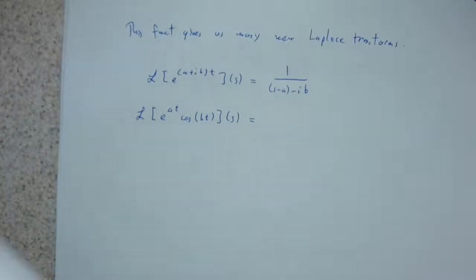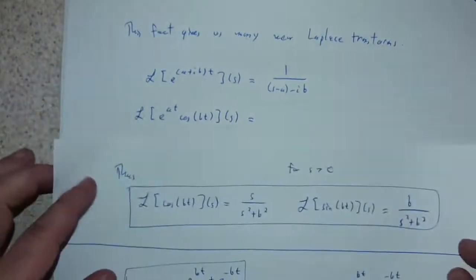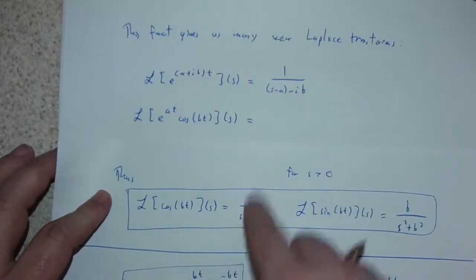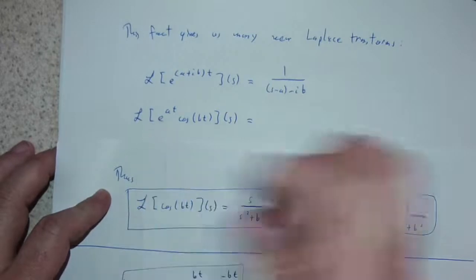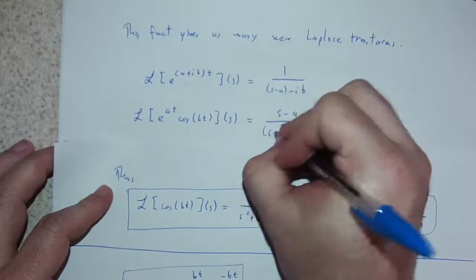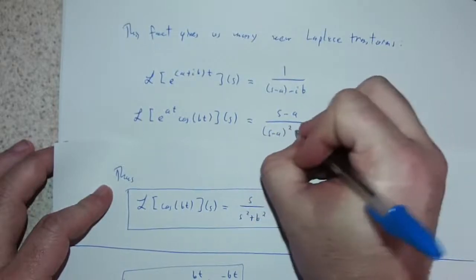What about the Laplace transform of e to the at times cosine of bt? Well, the Laplace transform of cosine of bt is s over s squared plus b squared. So every s gets replaced with s minus a. So this is s minus a over s minus a squared plus b squared.